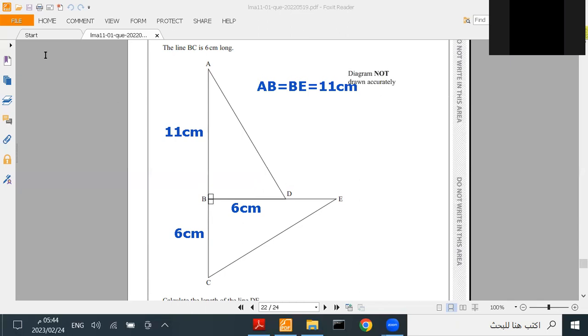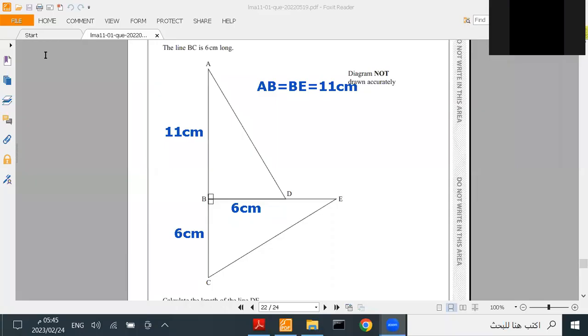Now, as we said, these triangles are congruent, and the word congruent means what? It means identical.